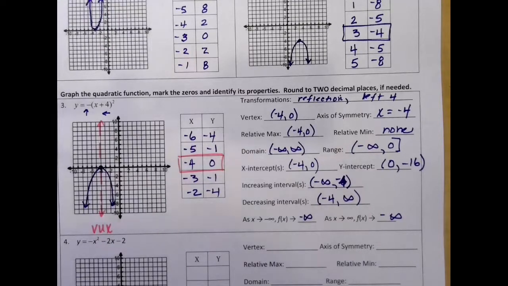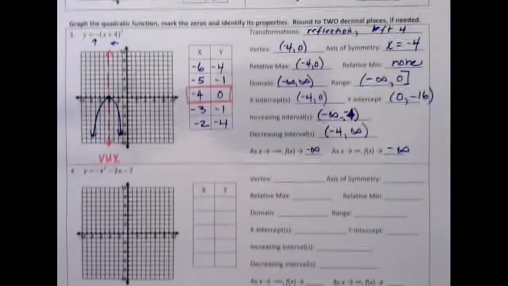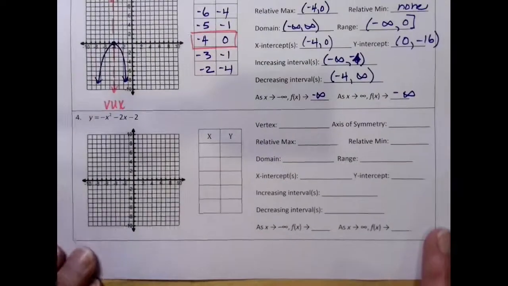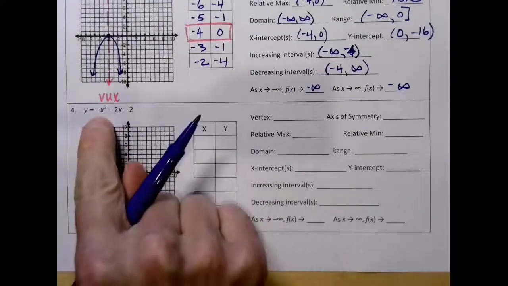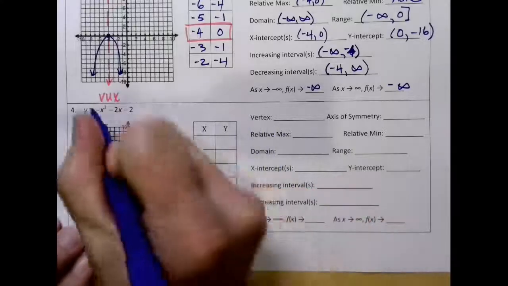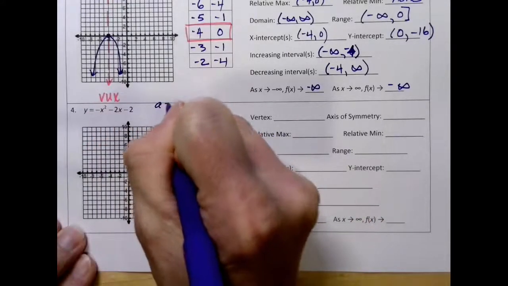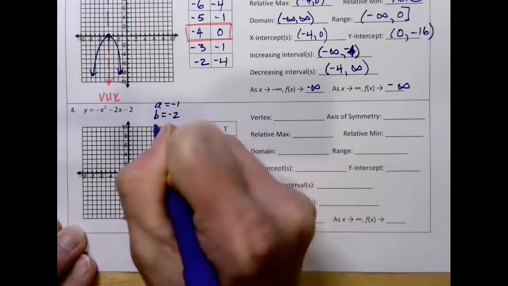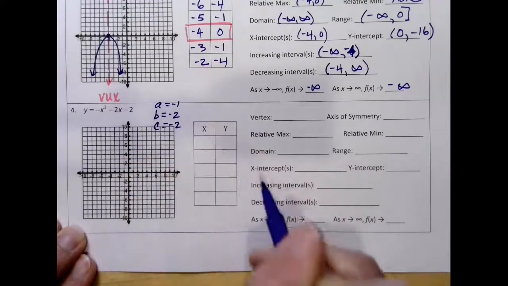All right, let's check out number 4. For number 4, I have another negative graph, another reflection, and this one's in standard form. So for standard form, I know I have my a is equal to negative 1. My b is equal to negative 2, and my c is also equal to negative 2.